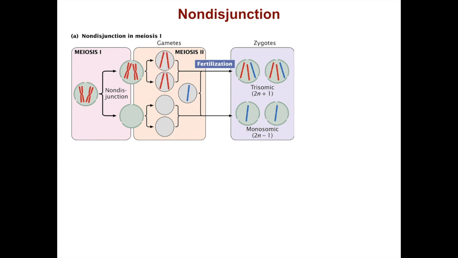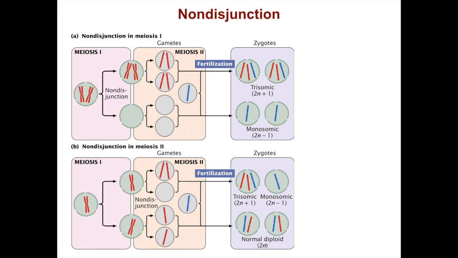So when these gametes are fertilized by a normal gamete that has one haploid copy of the chromosome, you get zygotes that are either trisomic, so that's 2n plus 1, or monosomic, 2n minus 1.